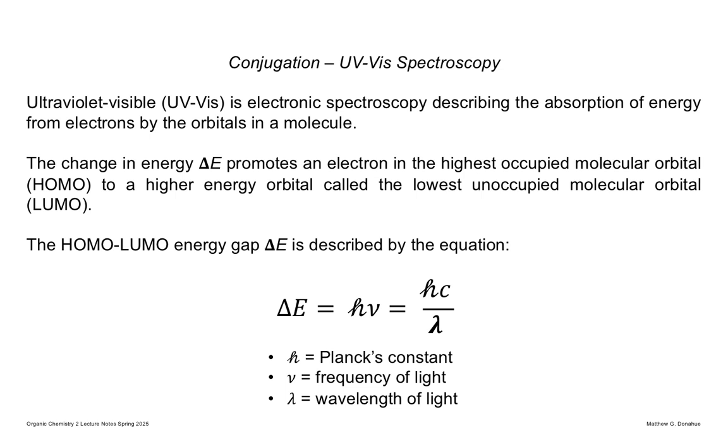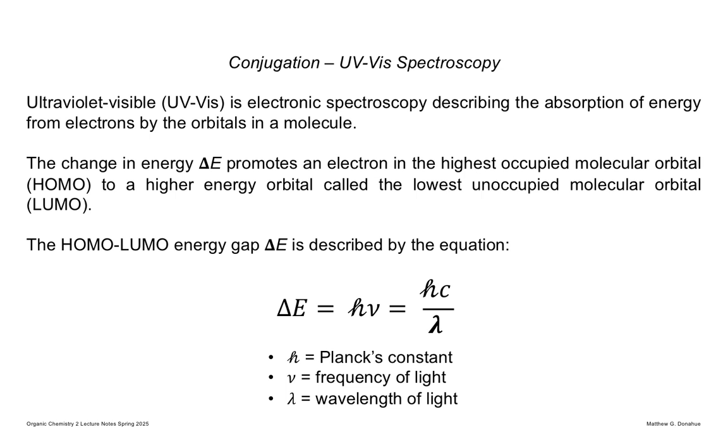So promotion of an electron from the highest occupied molecular orbital into an orbital that's unoccupied. So the lowest unoccupied molecular orbital. So the electron hops up, it then goes back down, and as it goes back down, it's releasing energy in terms of light.